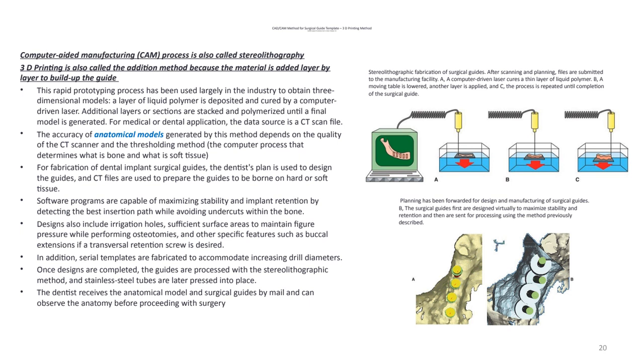Sometimes, from our perspective on the restorative side, we may place an implant in a certain position, right? We may place it straight. But if the surgeon looks at how we designed that stent, they might say you placed that hole in a position that is not very convenient, because there's a nerve there or the bone is not strong enough.